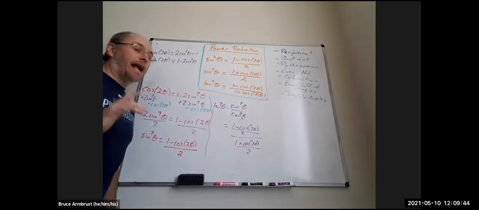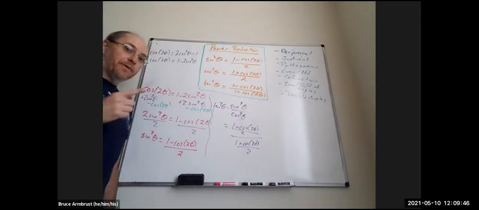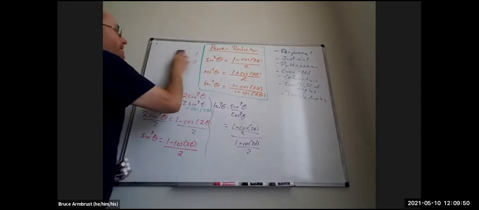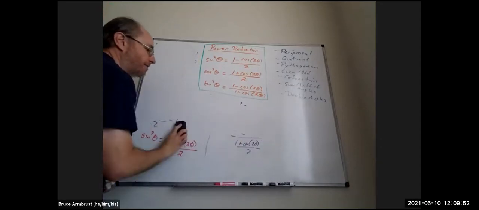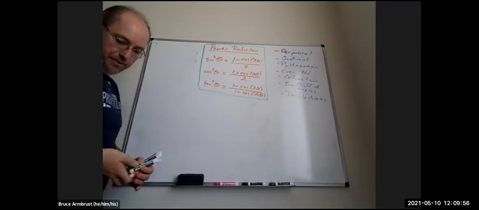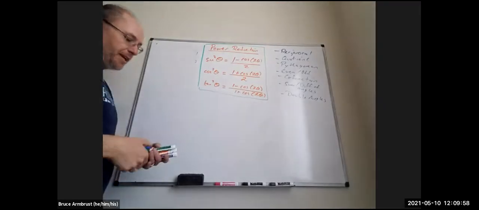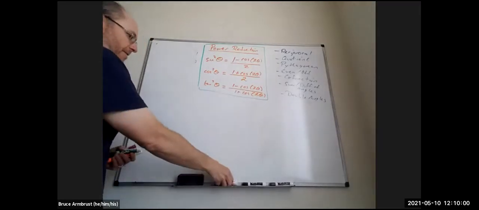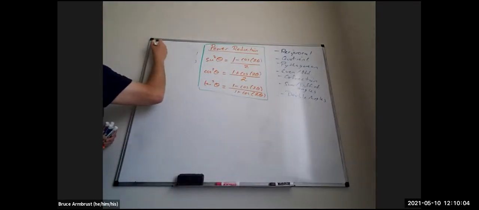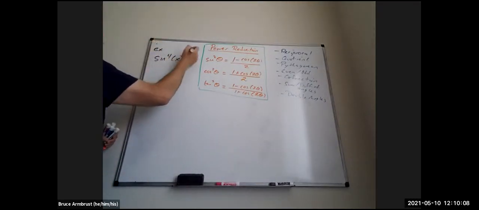All right. The kind of thing you're going to need to do is what I'm going to show you with this guy. Let's say we start with cosine to the fourth. No, we'll do sine to the fourth. So let's say we've got sine to the fourth of x.